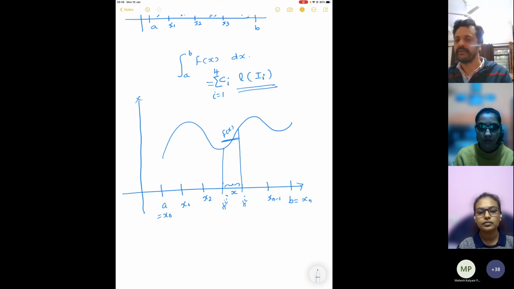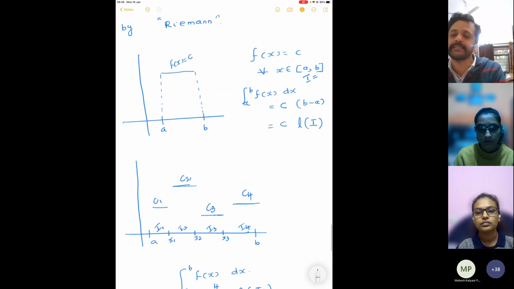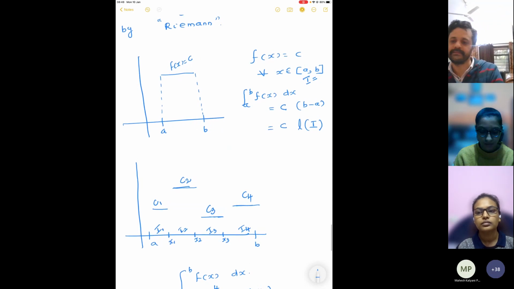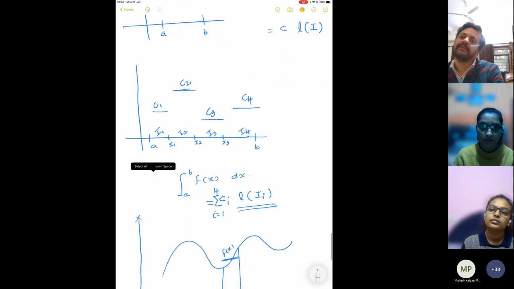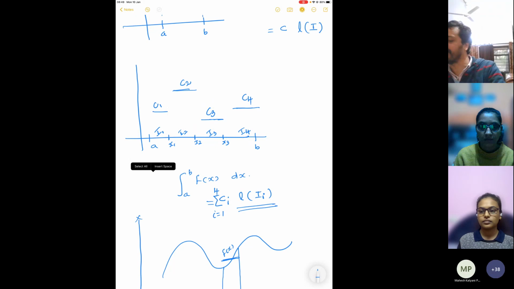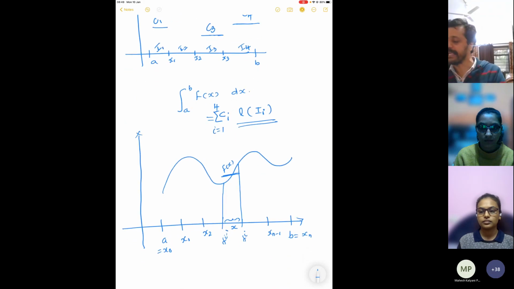And the area under the actual curve f(x) you approximate by the area under this constant, which coincides with our base case, c times L of I. This is only an approximation. Of course, our next job is to make this approximation better and better. That's what Riemann did rigorously, and we will recall those definitions shortly.